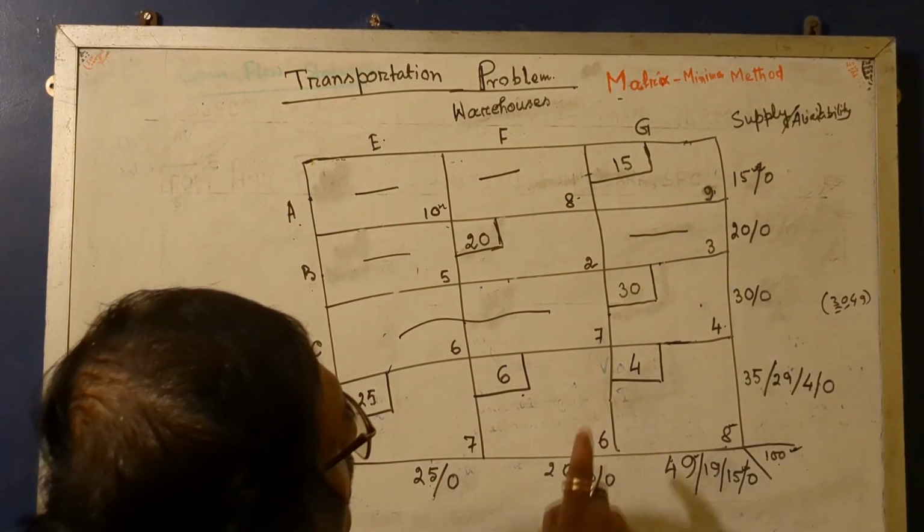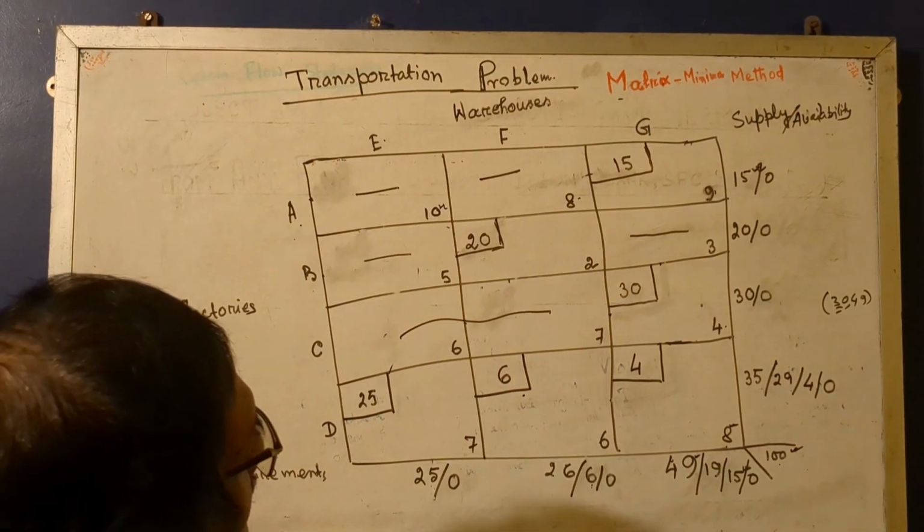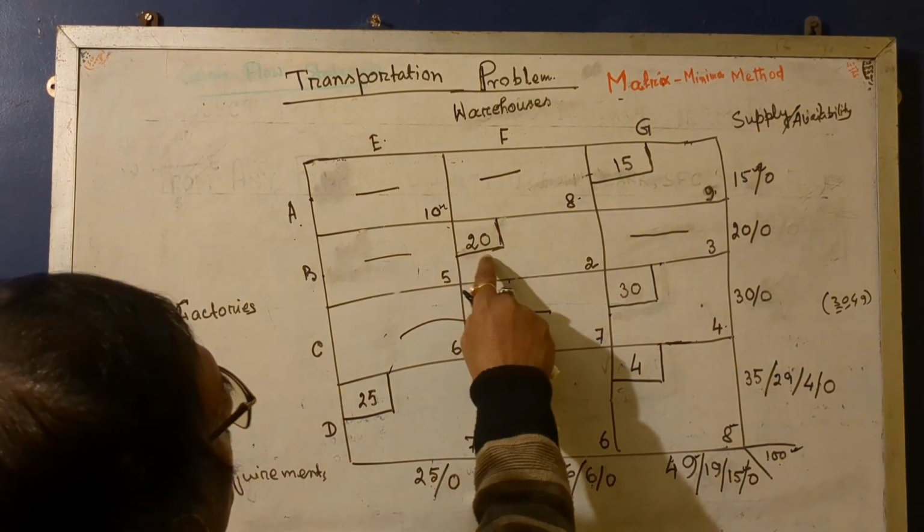So what will be the transportation cost for this initial basic feasible solution? What is a basic feasible solution?